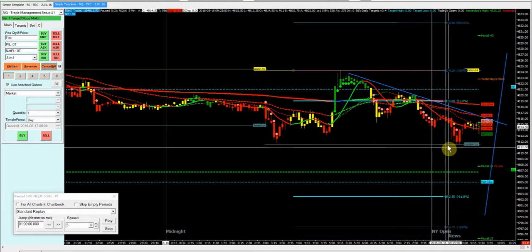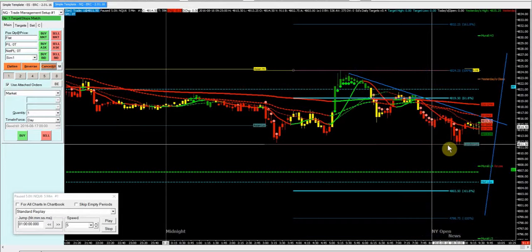Now the London high to the London low gives me an entry 61.8 of 48.1950, which is pretty high up there. I very seriously doubt the market's going to get up that high. I don't think we're going to see that deep of a pullback, and the reason why is because the market usually will pull back to the 50 EMA, but not to the 200.